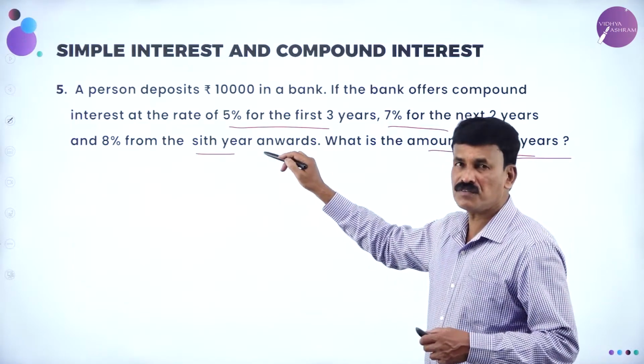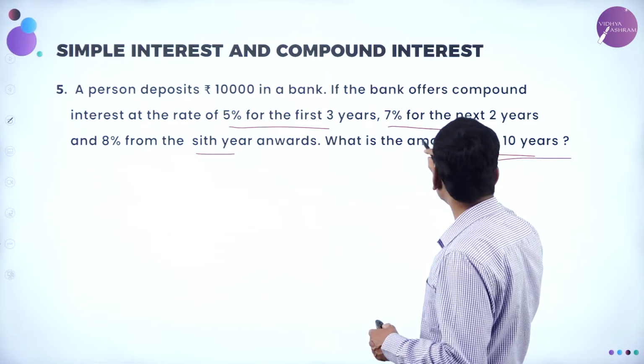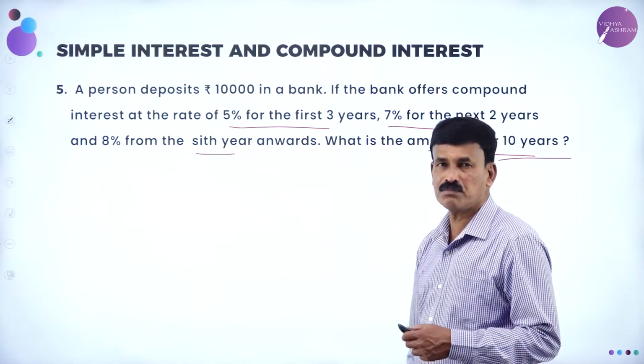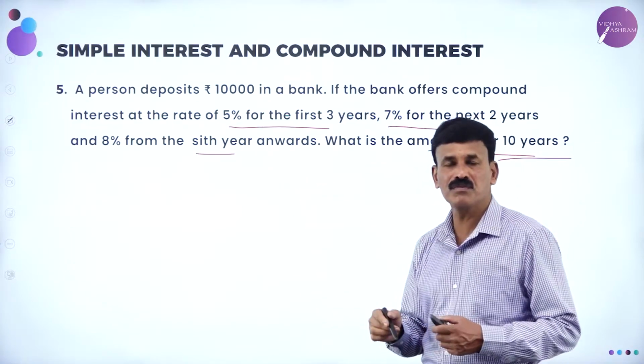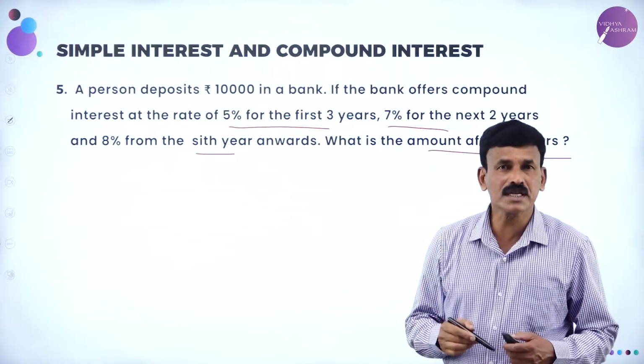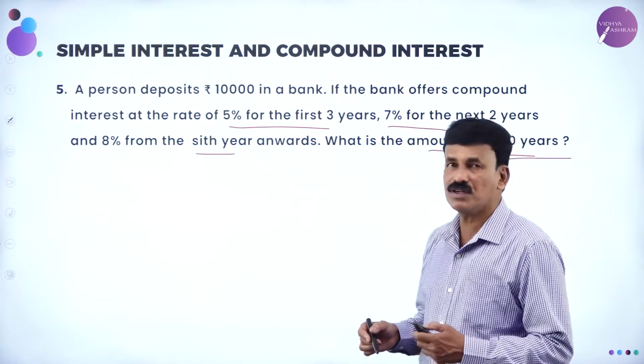So here the rate of interest varies. First it is 5%, then 7%, then 8%. So this is an example of a variable rate of interest. Now just find out what is I and what are N1, N2 and N3.